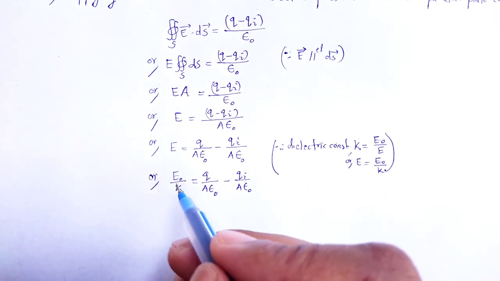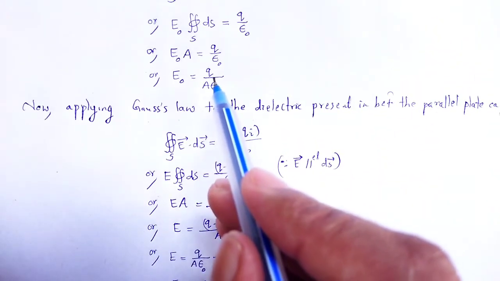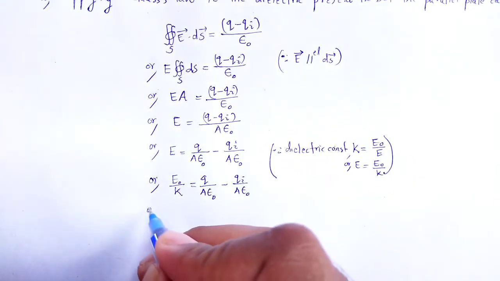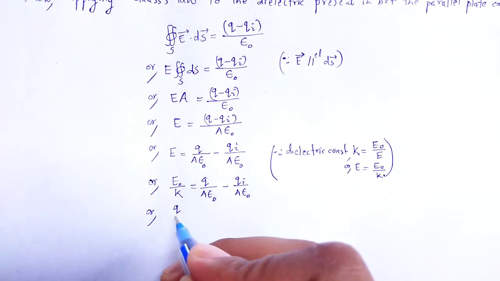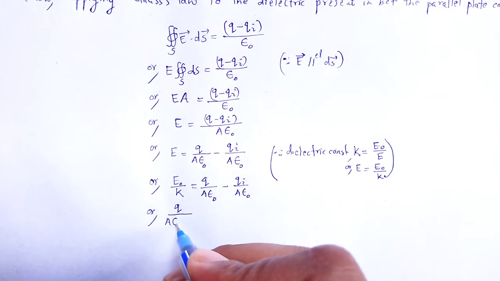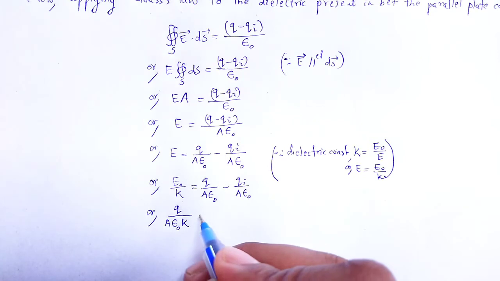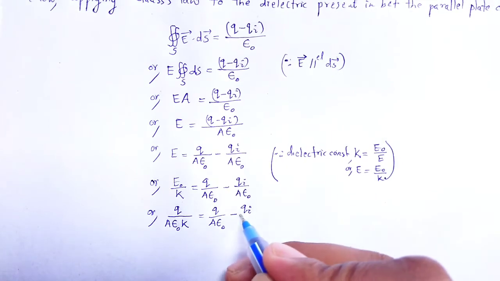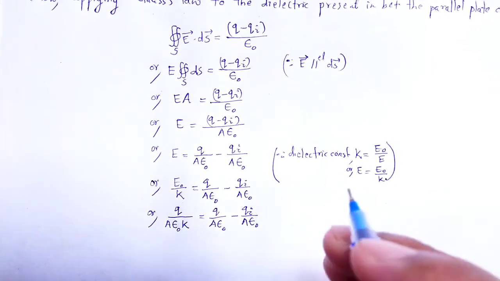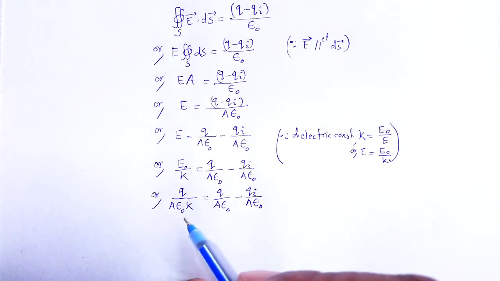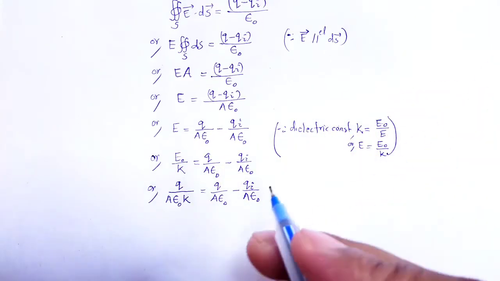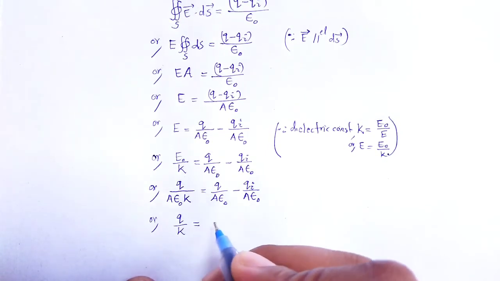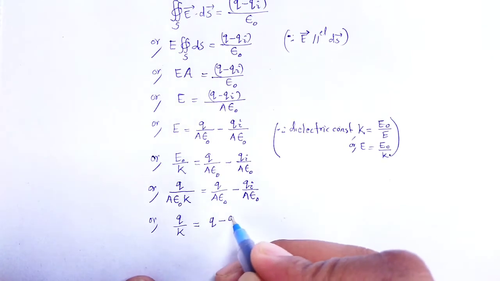The value of E naught is Q divided by A epsilon naught. Putting it here, we get Q divided by A epsilon naught K is equal to Q divided by A epsilon naught minus Qi divided by A epsilon naught. Taking A epsilon naught as common and cancelling on both sides, we have Q by K is equal to Q minus Qi.